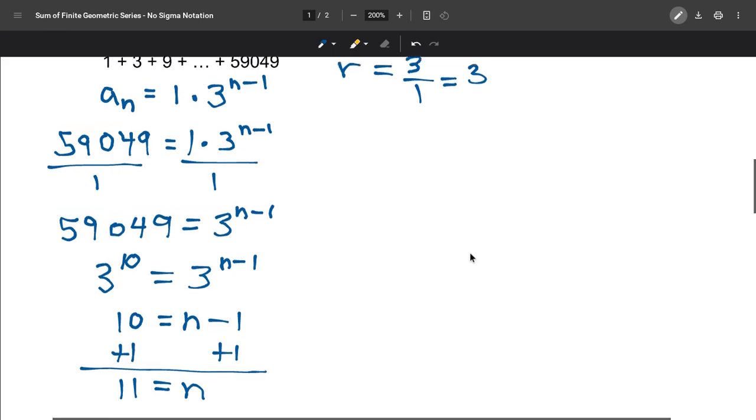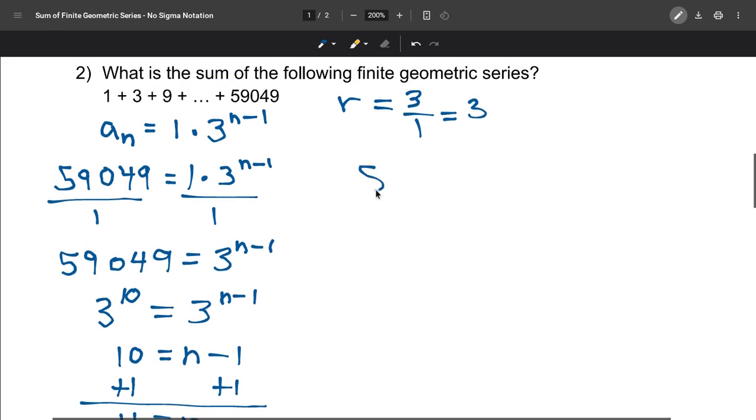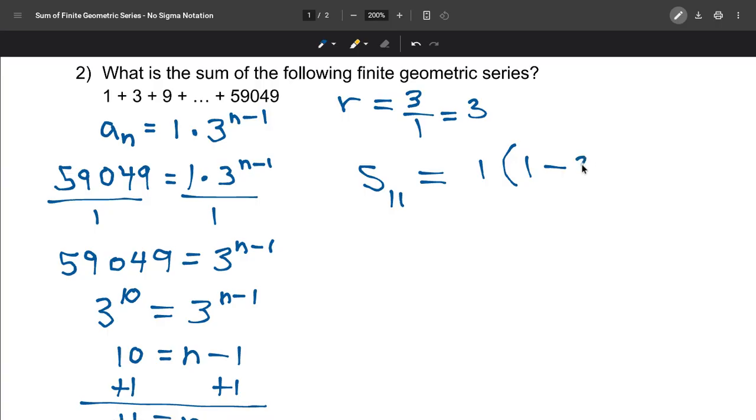All right, so we're going to look for the sum of these 11 terms. That's going to equal the first term times 1 minus the common ratio 3 to the 11th power, all divided by 1 minus 3.